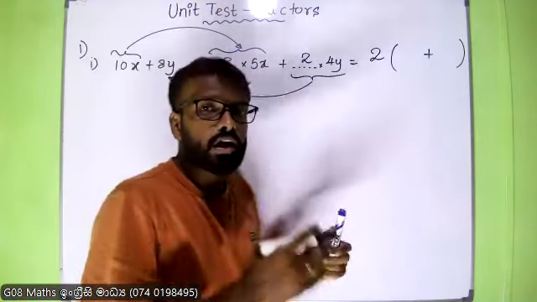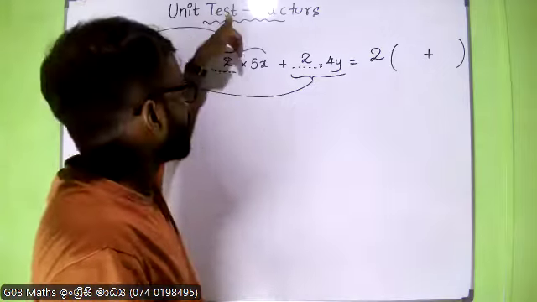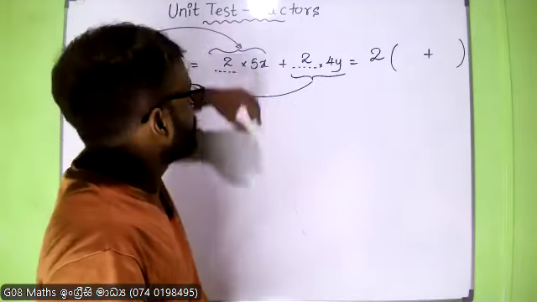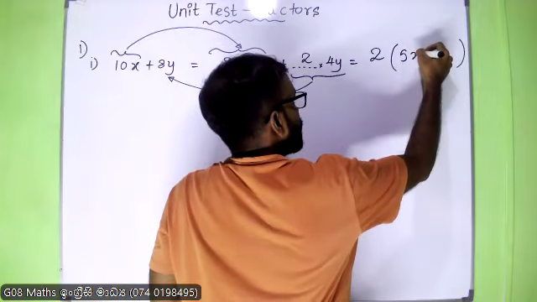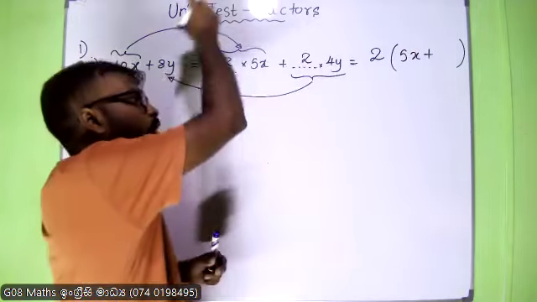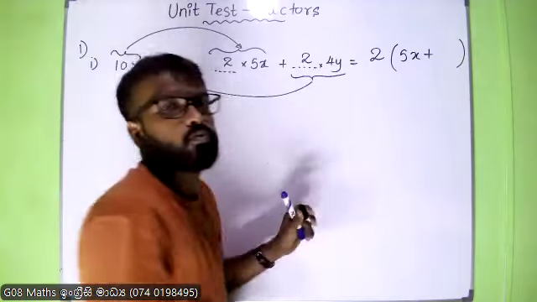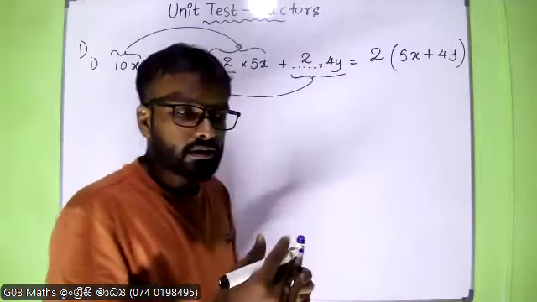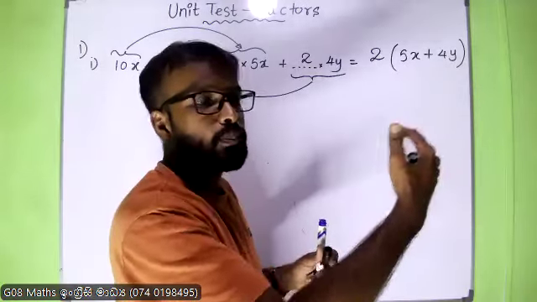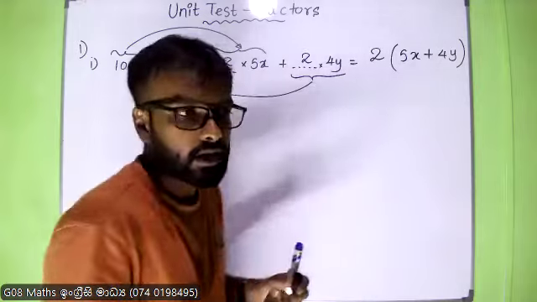Then you write down the rest of the terms. If you take this number 2 out, the remaining term is 5x. If you take this number 2 out from the bracket, the remaining term is 4y. Very easy. If you catch the pattern, you can repeat it.